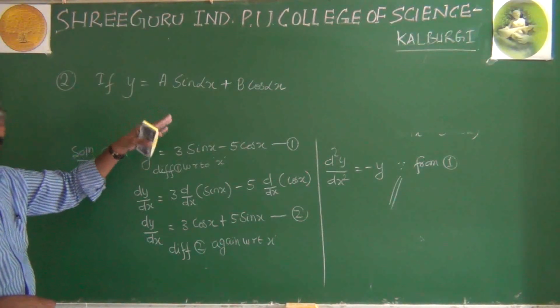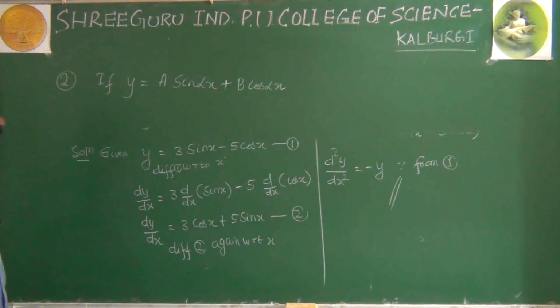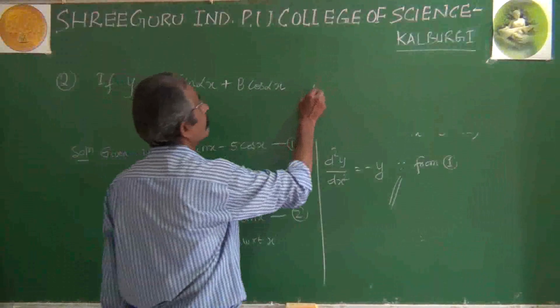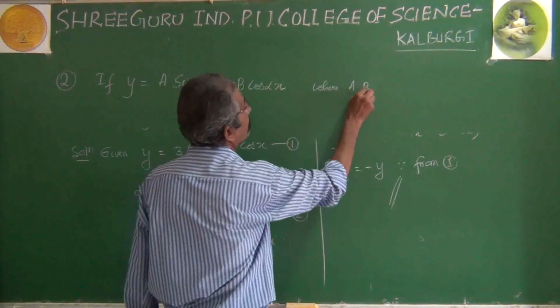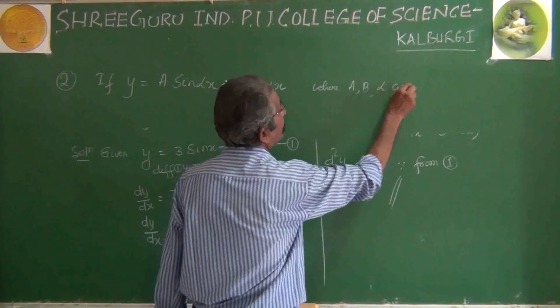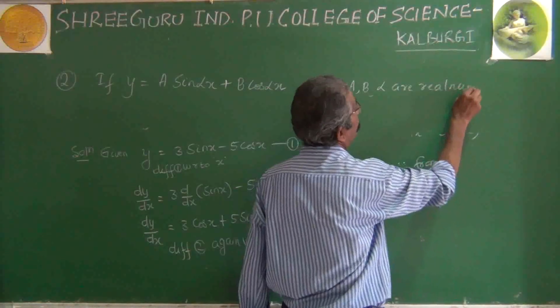Here a, b, alpha are some real numbers, understood, non-zero real numbers.